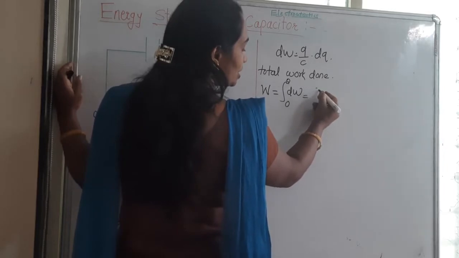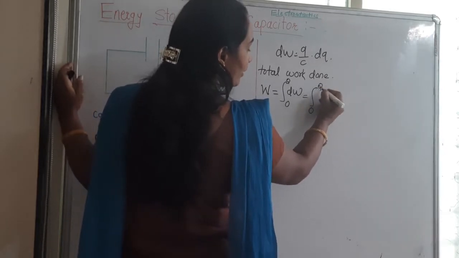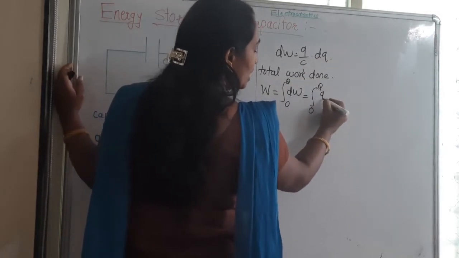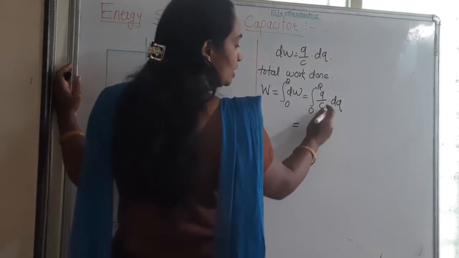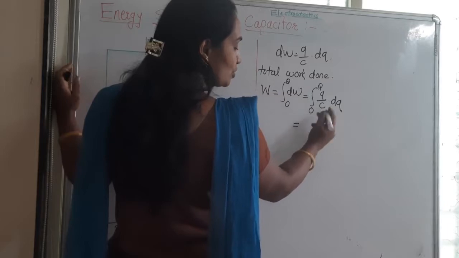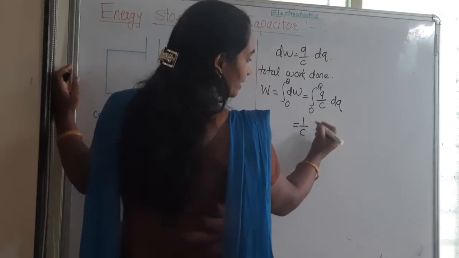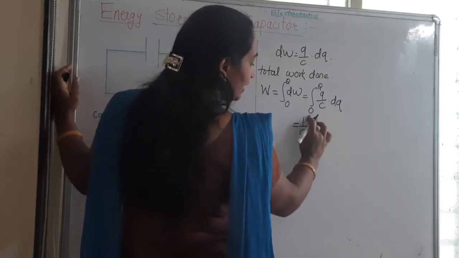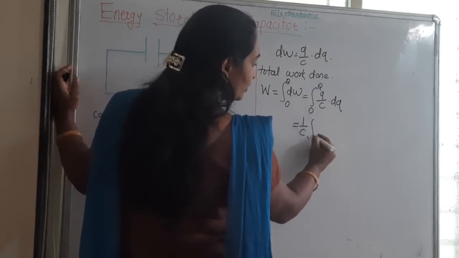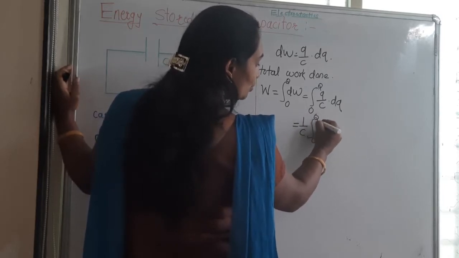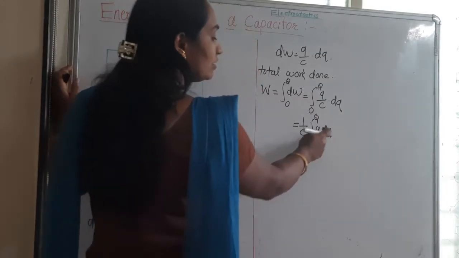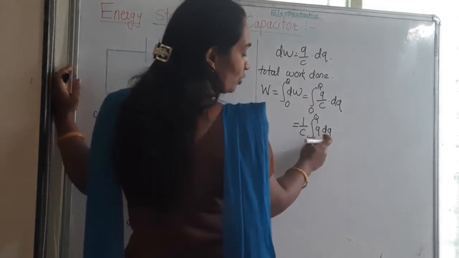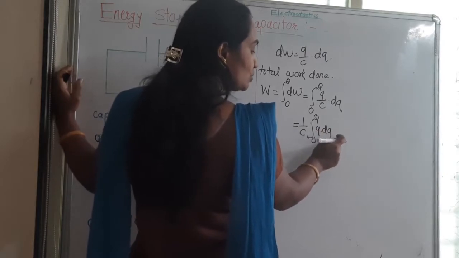The integration is from 0 to Q, and dW is equal to Q upon C into dQ. C is a constant term, so it is taken outside, and we integrate Q into dQ from 0 to Q. There is a change only in the charge, as charge flows from one plate of the capacitor to the other.